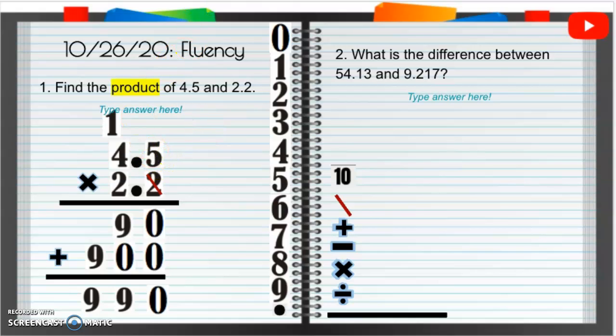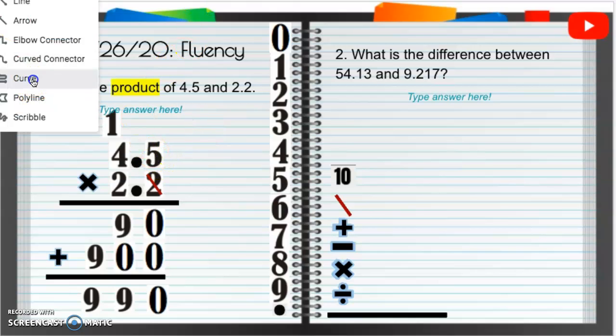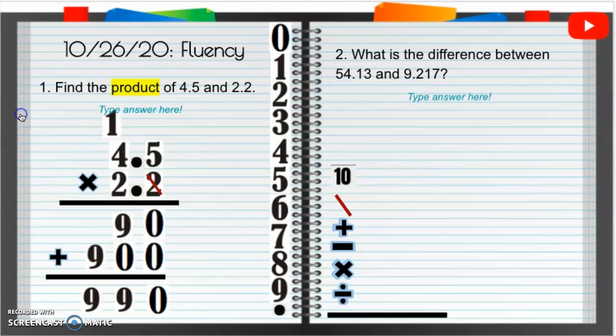So what do we need to do? We need to count our decimals. How many places do we have for our decimals? So let's see how many place values. We're going to go in 1 here, and then 1 here. So that's 2 total. So we're going to go in 2 places, 2 digits to the left. In 1, in 2.